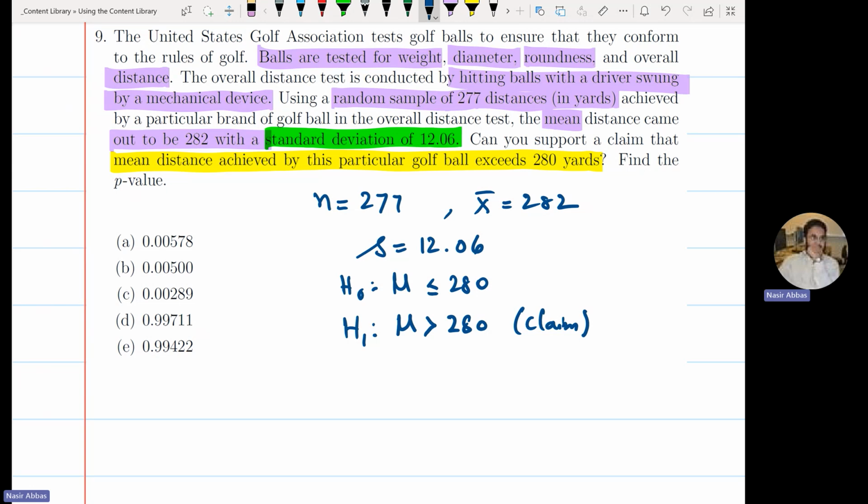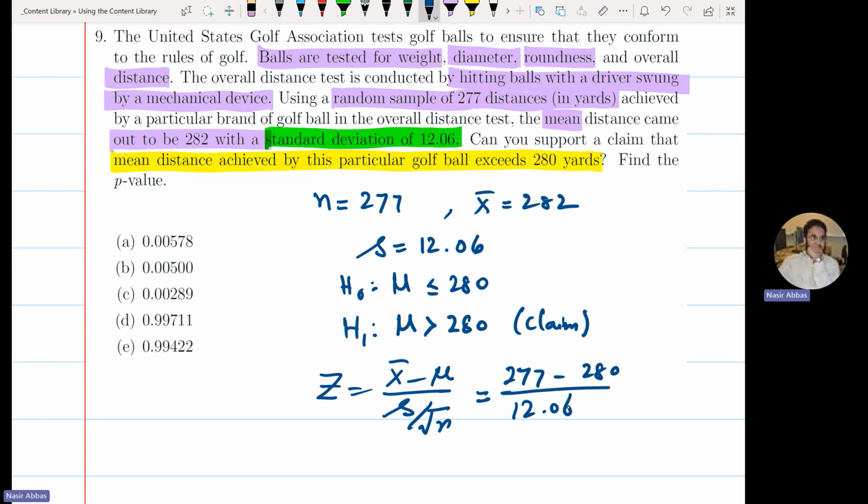Do you think 277 minus 1, which is 276, is available in the T table? No. So the test statistic you will use here is the Z, which comes out to be 277 minus 280 divided by 12.06 over square root of 277. Calculators.